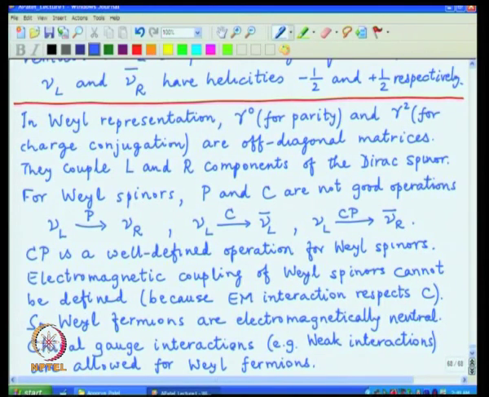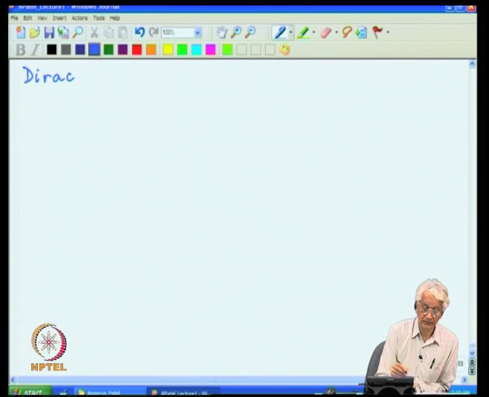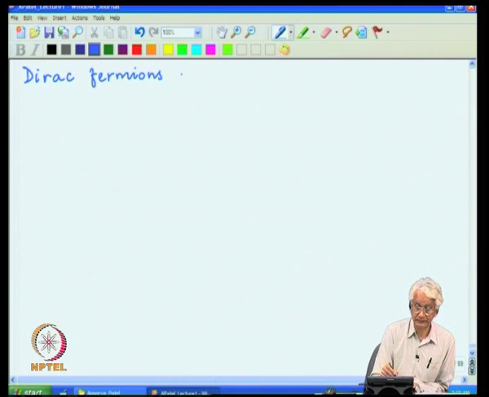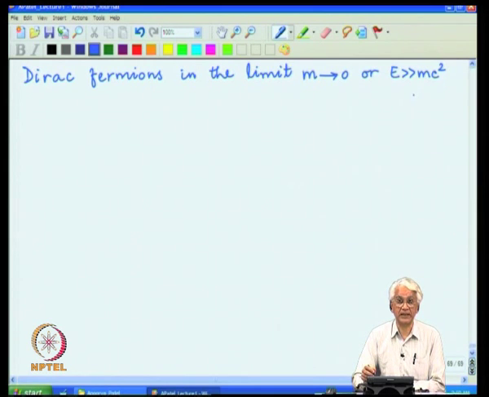The two component description actually also turns out to be very helpful in discussing various properties of the Dirac fermions as well, and that is possible either where the mass is very small, or equivalently the fermions are highly relativistic.